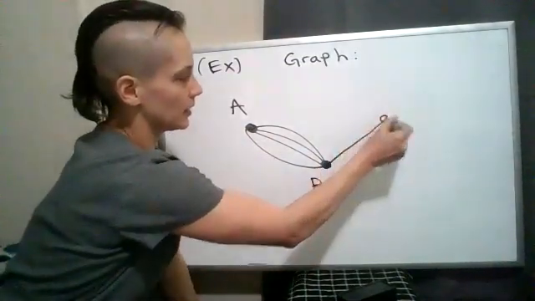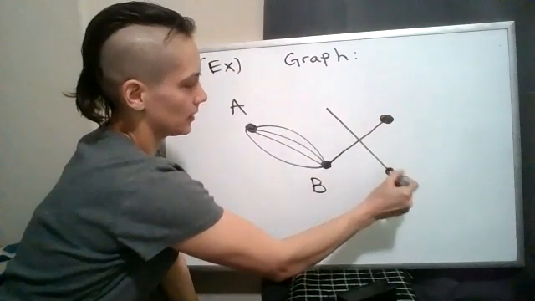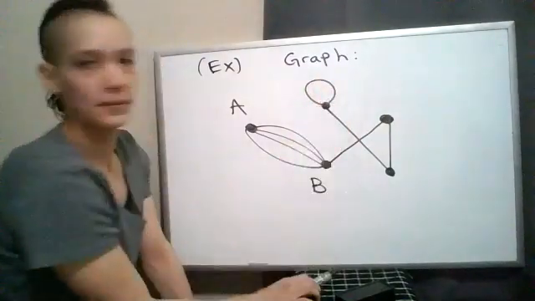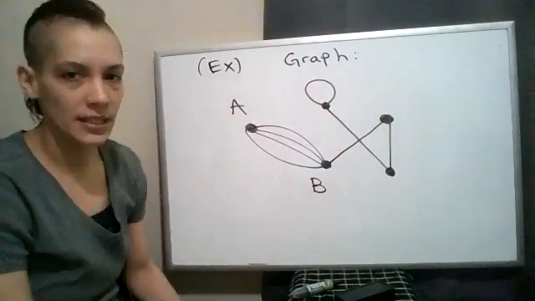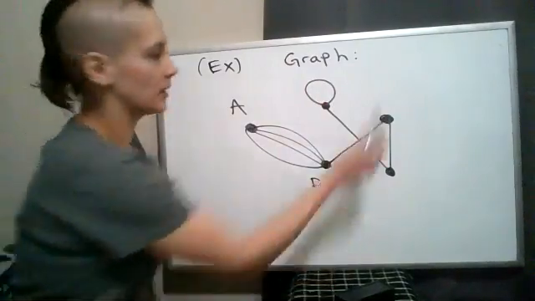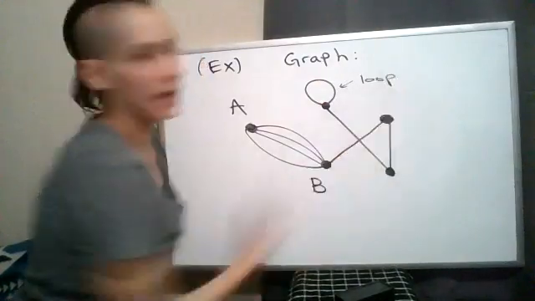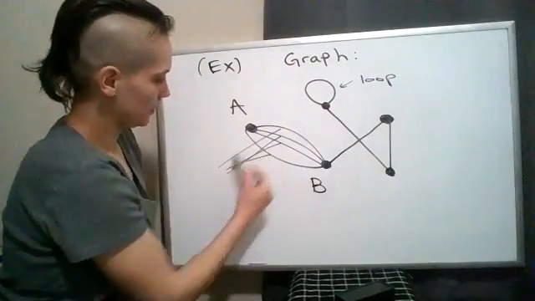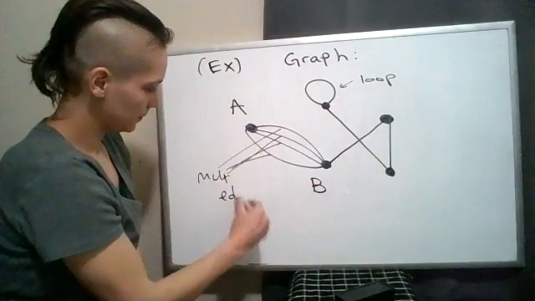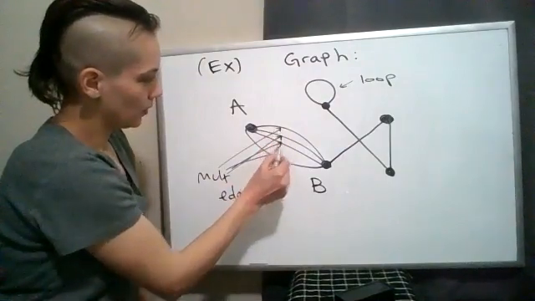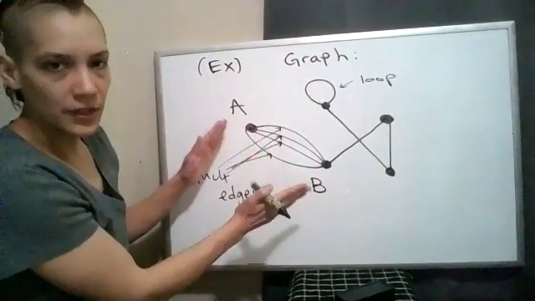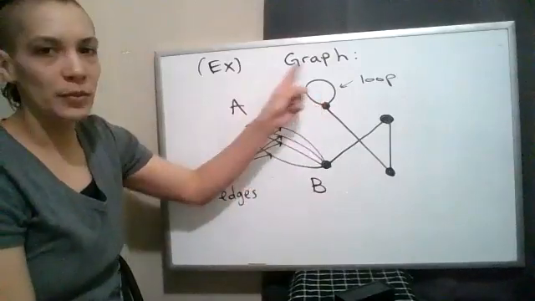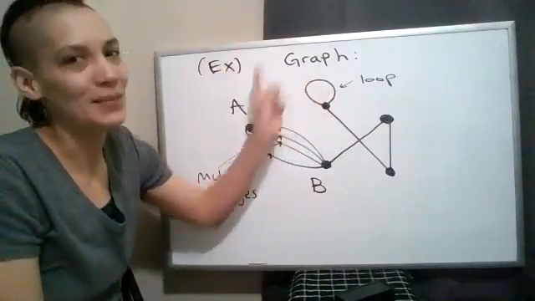It's going to crisscross. This is going to have a loop. So I don't think this came up on the third exam, but we did learn about loops and multiple edges. When there's more than one edge between two vertices, there are multiple edges. An edge that goes from a vertex back to itself is a loop.